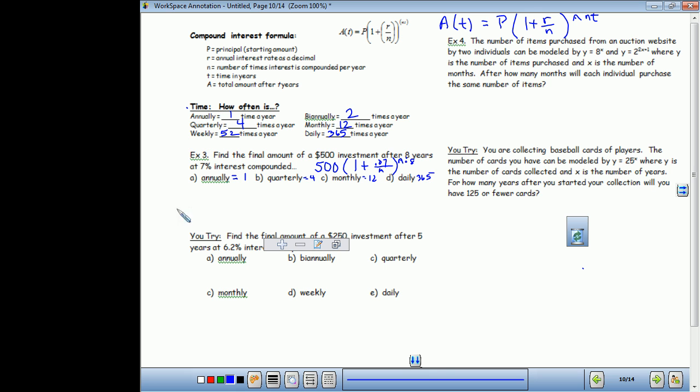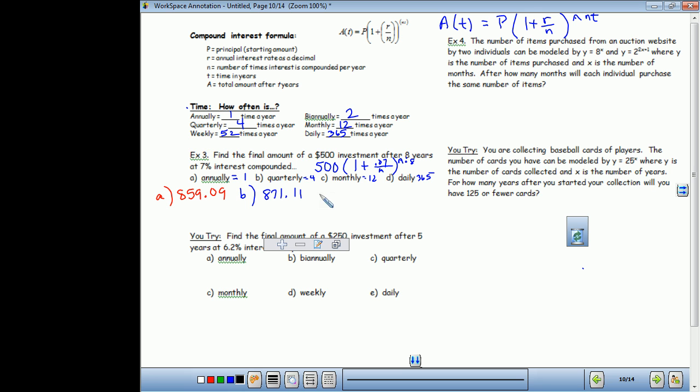And when you plug in 1, annually, our answer would be $859.09. Quarterly, our answer would be $871, so slightly more, and 11 cents.